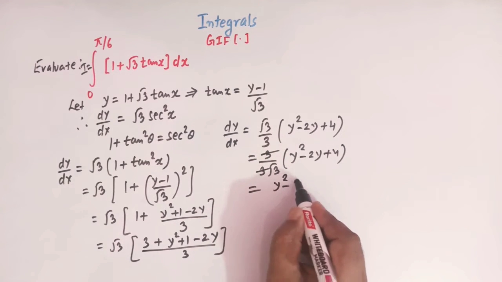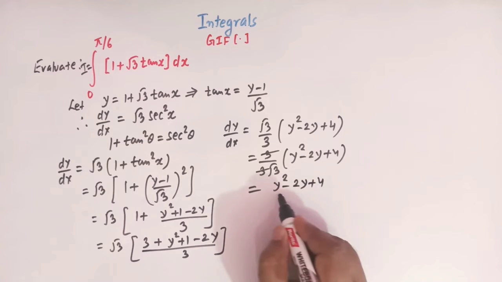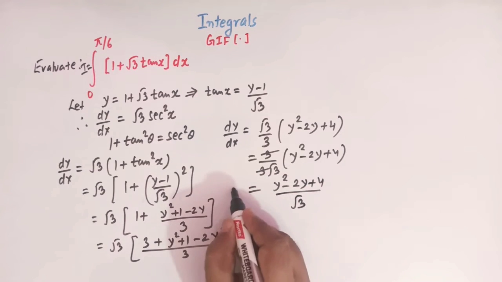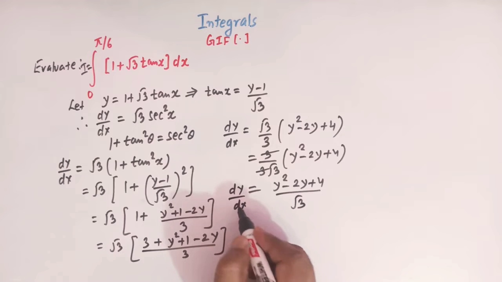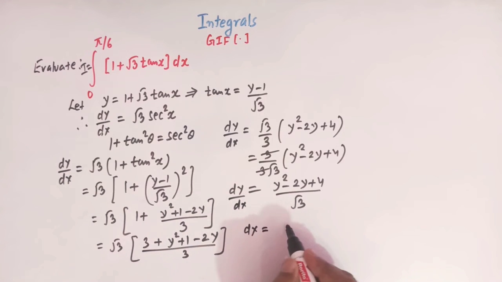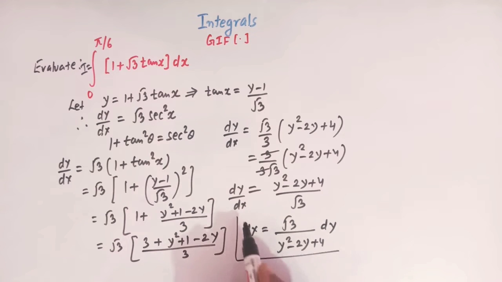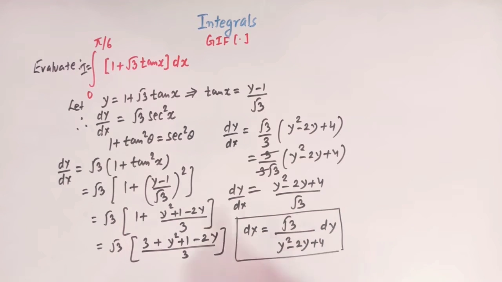We have y square minus 2y plus 4 over root 3. So now we can write dx as root 3 over y square minus 2y plus 4 dy. So we have the expression for dx in terms of y.